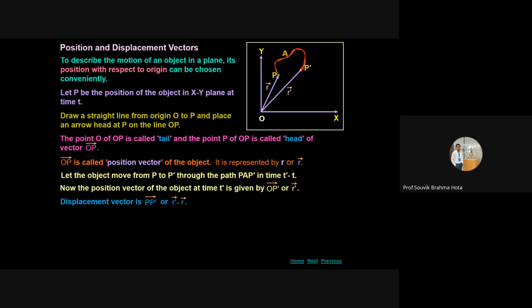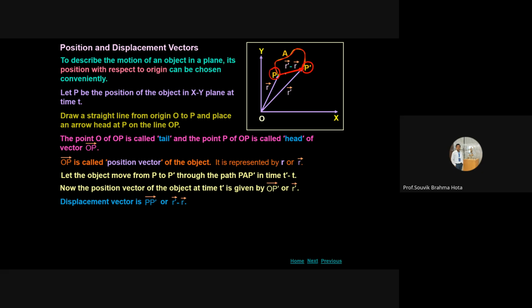Then you have to find out the displacement vector, because the object is getting displaced from this initial point to this final point. For that you have to give an arrow towards P dash, and that has to be R dash vector minus R vector.